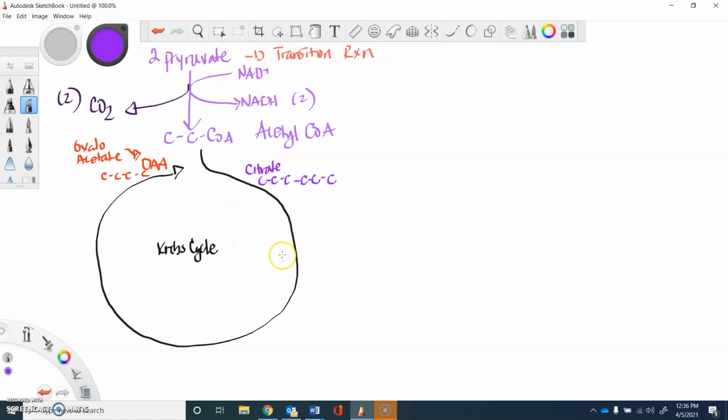So as it goes around, it gives us some ATP, ADP to ATP, and this is through substrate level phosphorylation. So direct. And in one circle of the Krebs cycle, we get 3 of those.